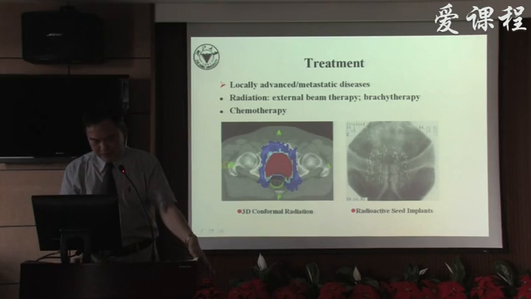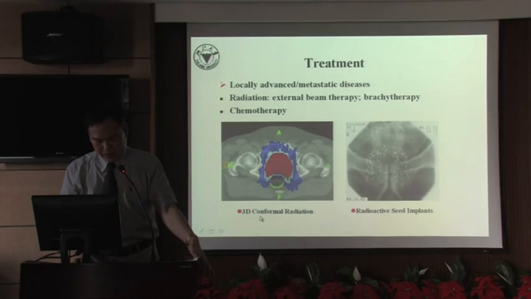The picture on the left here shows the external beam therapy. It is 3-dimension conformal radiation therapy to treat localized prostate cancer. And the picture on the right shows the brachytherapy.